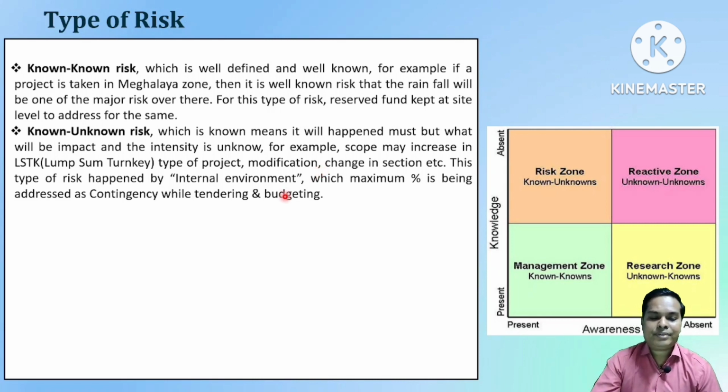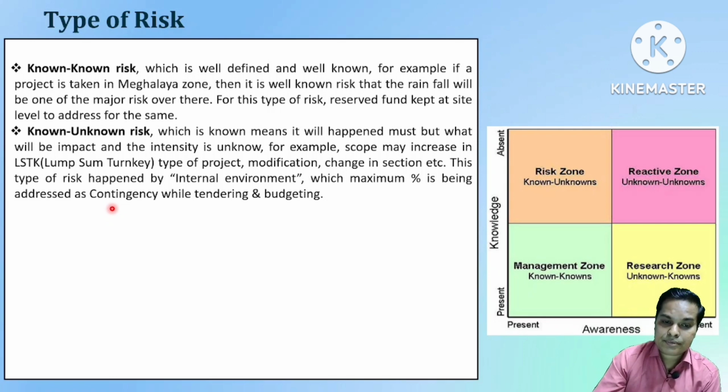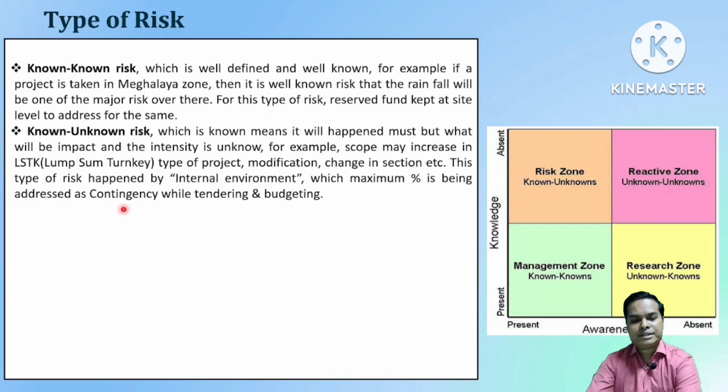During the tank fabrication and installation, what modification or change of section will come, and what additional cost will be involved, we do not know. So for that, we need a percentage, which is called contingency for known unknown risk. It is kept during tendering and budgeting itself.